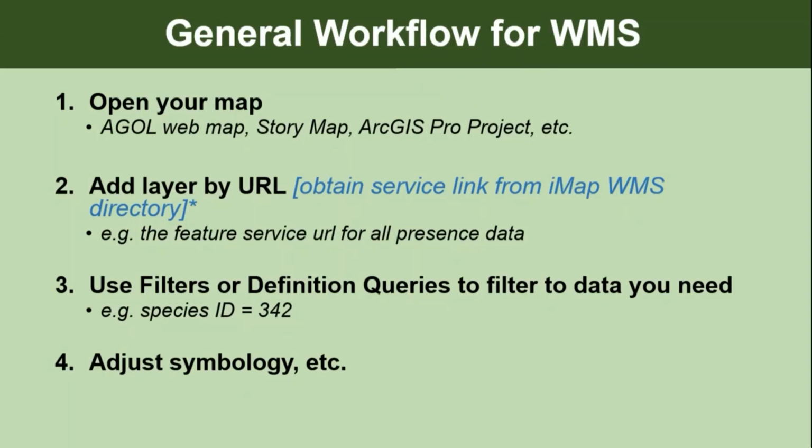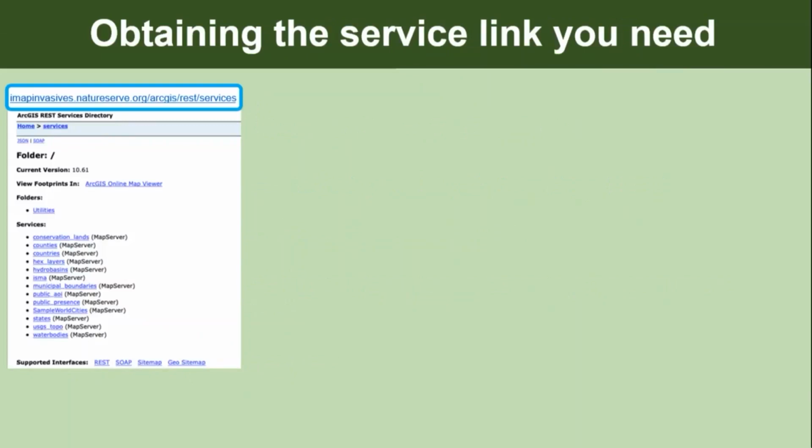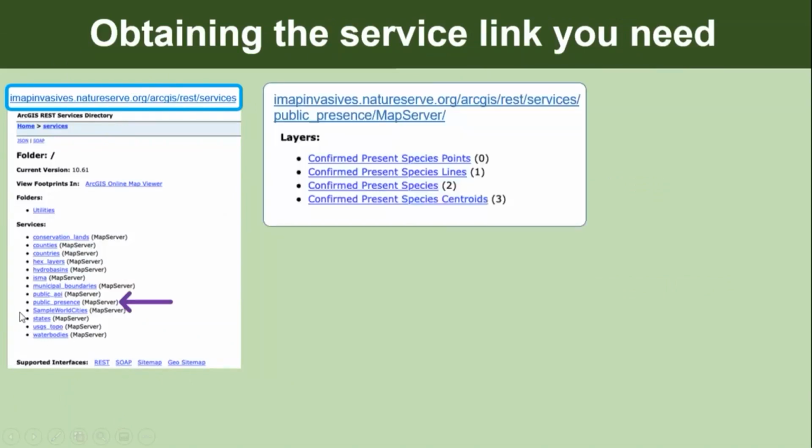I'll talk a little more about step 2, getting the URL for the service that you want to add into the map. I'll show you where to find this link at the end, but this link brings you to the services directory, which has a list of all the services in iMap. For example, one thing listed is the public presences.